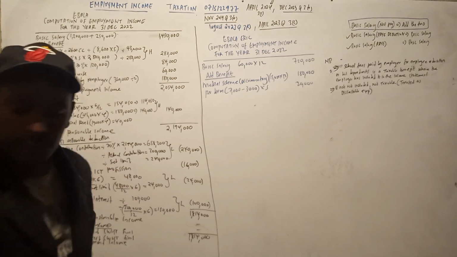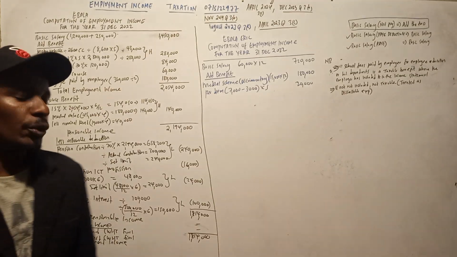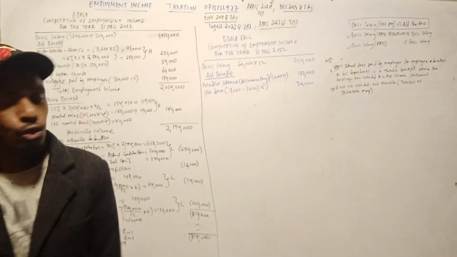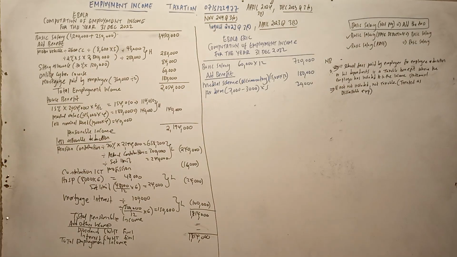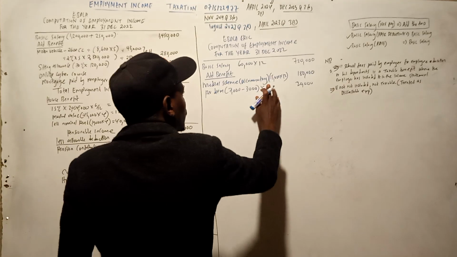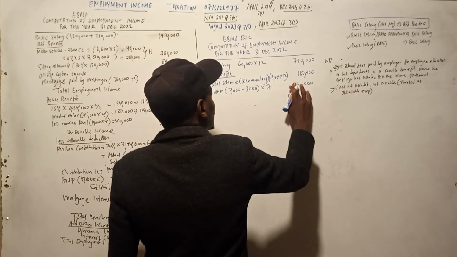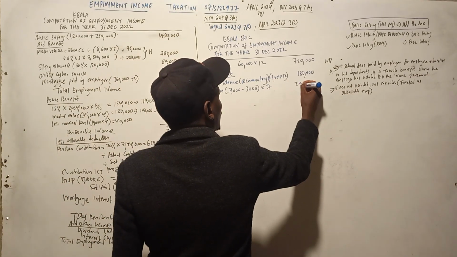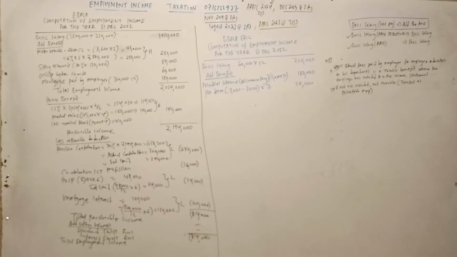The maximum limit is 3,000. So anything above 3,000 is taxable, so the 4,000 is beyond 3,000 and it is taxable. It was for 7 days, so kumaanisha hapa ni 24 per diem.